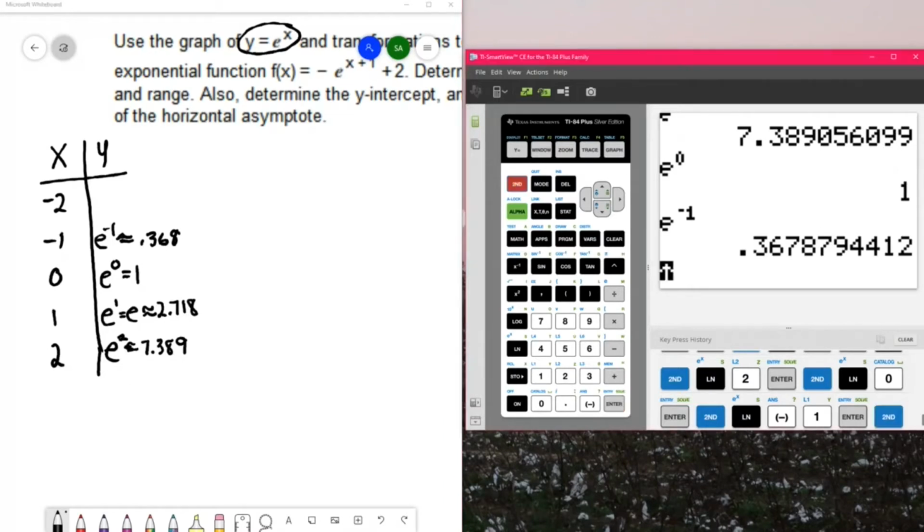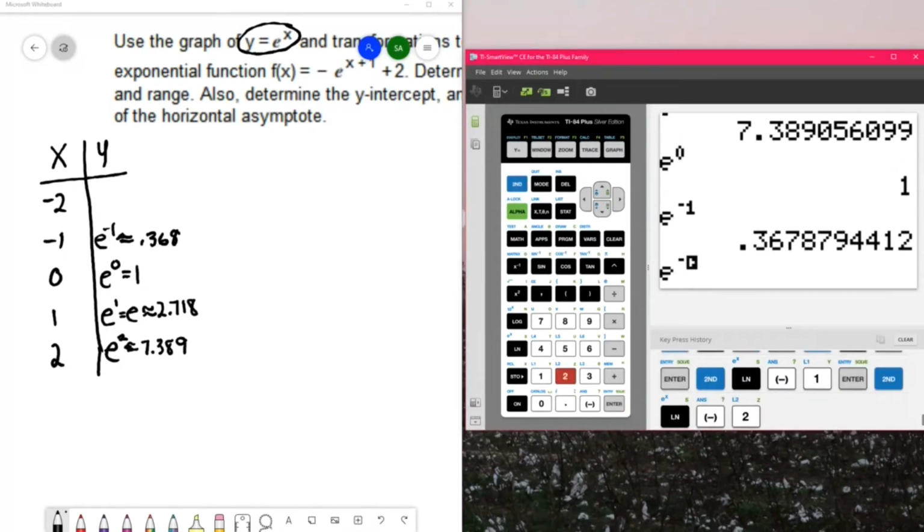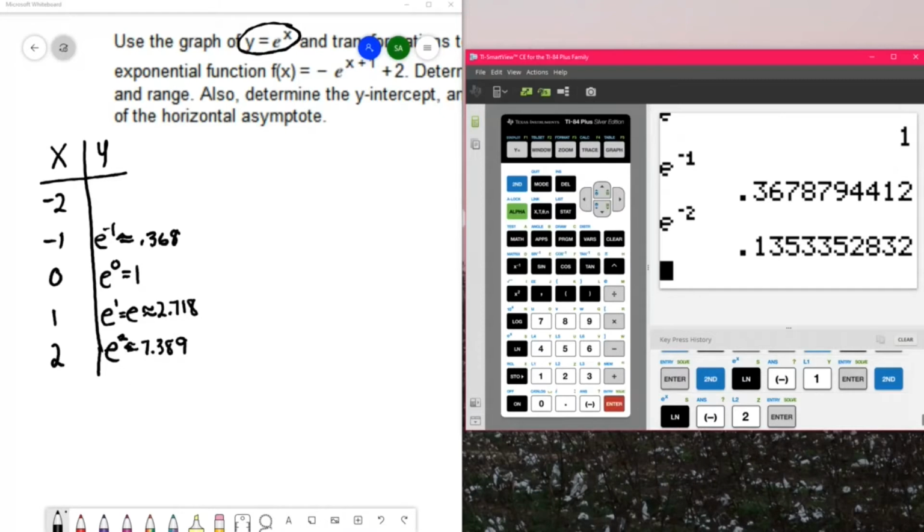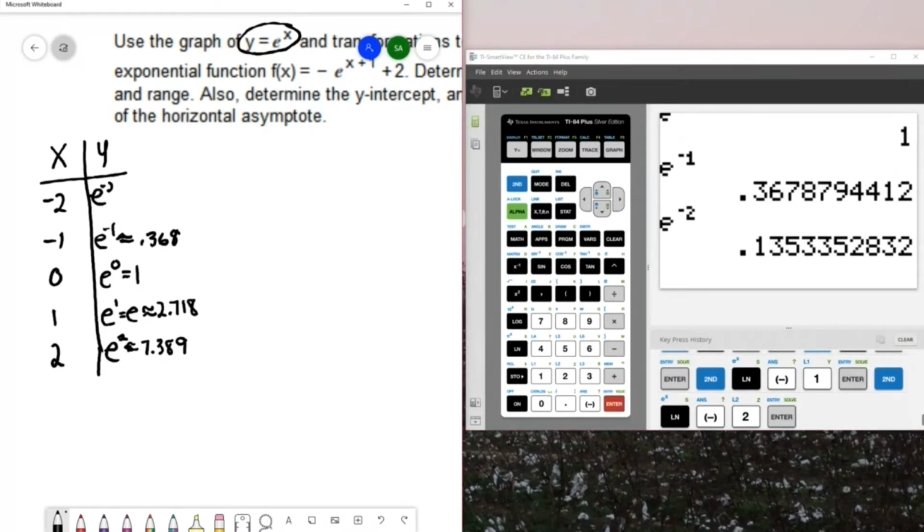And then e to the -2 is 0.135. So this gives us some ordered pairs that we can use to graph the basic function e to the x.